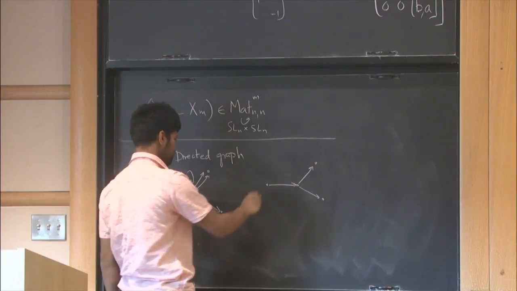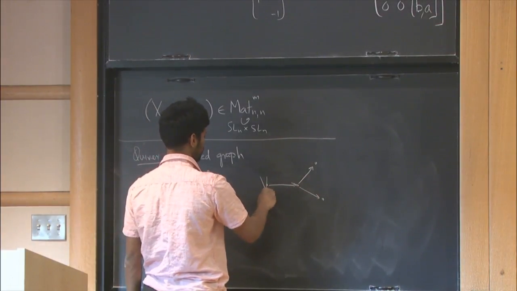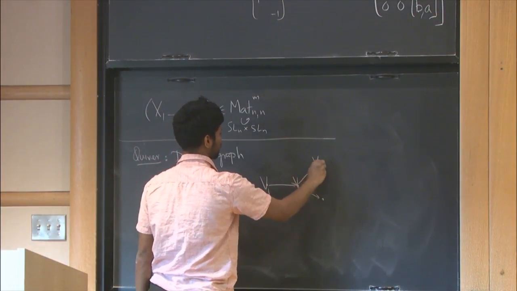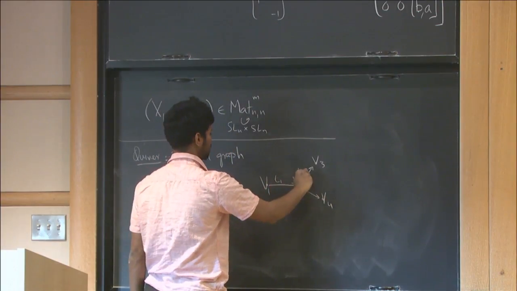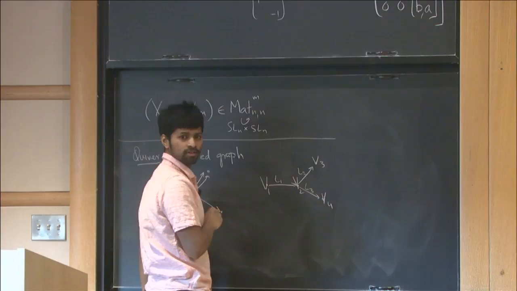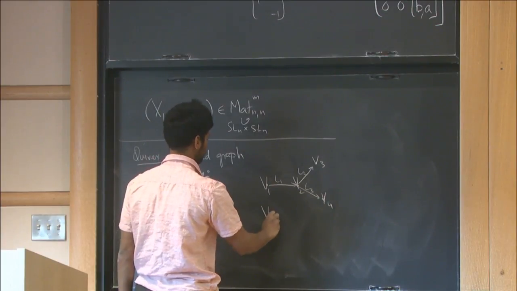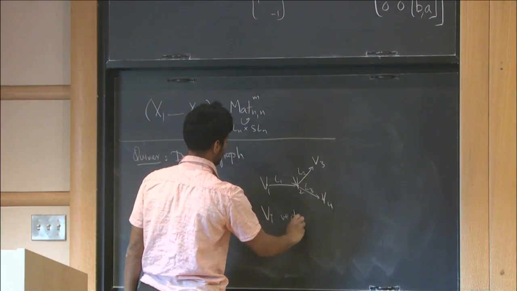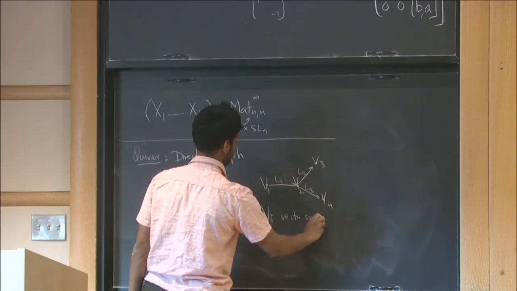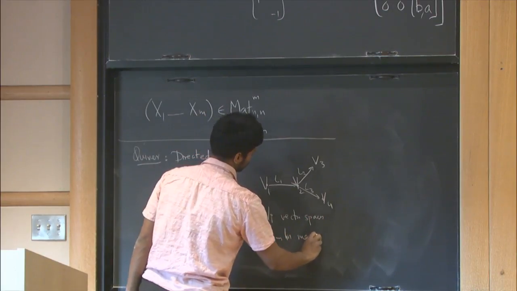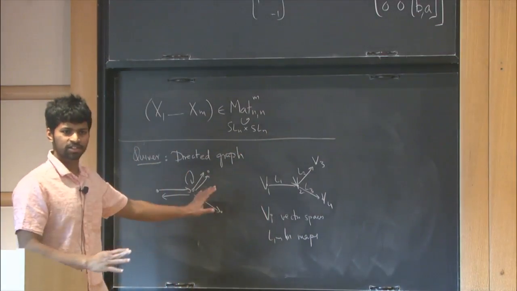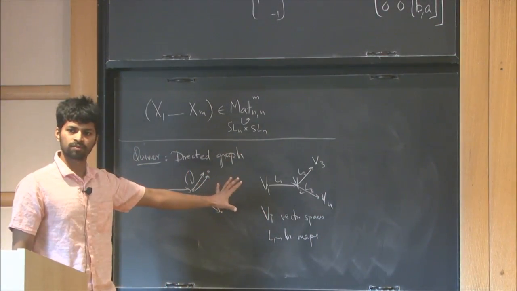A representation is you put a vector space at each of the vertices, and you give a linear map between the vector spaces for each of the arrows. So the Vi's are vector spaces, the Li's are linear maps. That's a representation. It's a very simple notion.